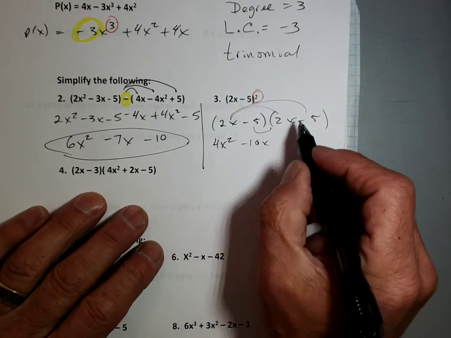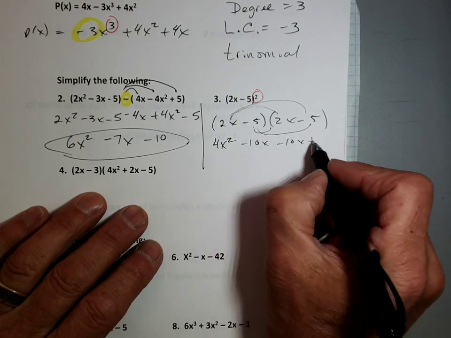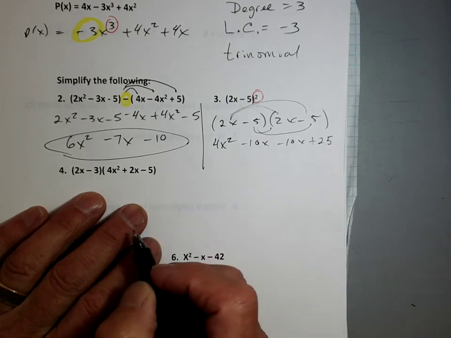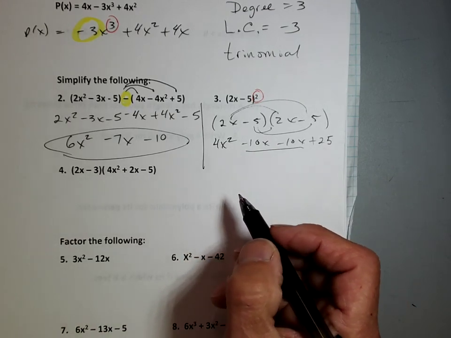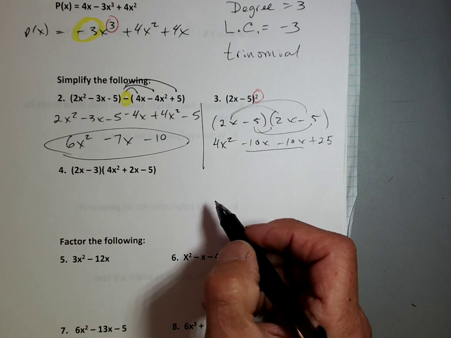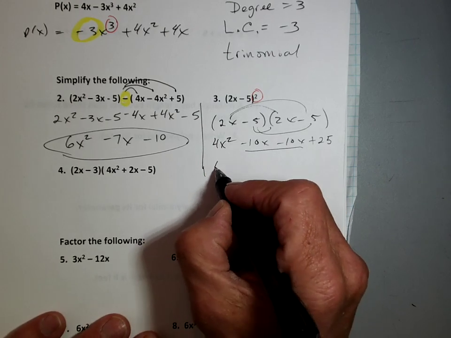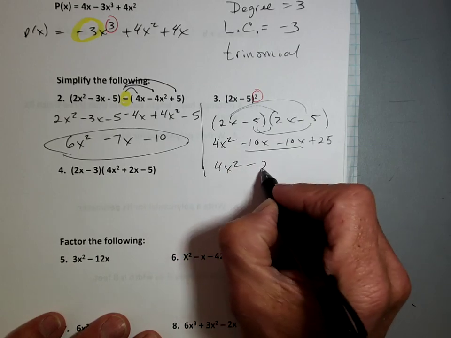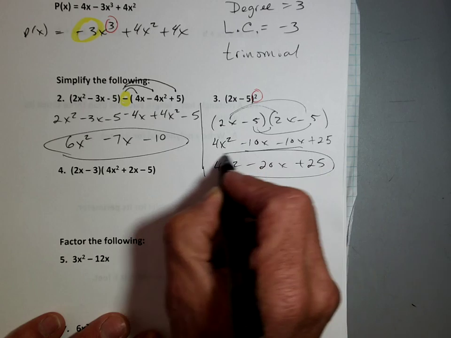Negative 5 times 2x is another negative 10x. And negative 5 times negative 5 is a positive 25, right? I can combine these two middle terms because they are the same. So I'll have a 4x squared minus a 20x plus 25.